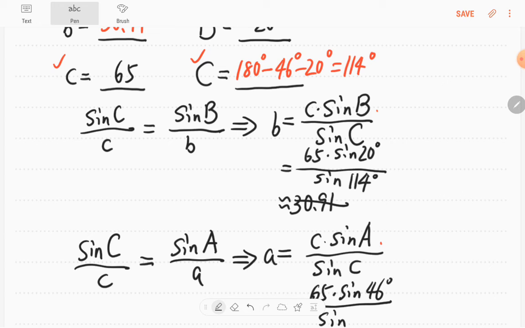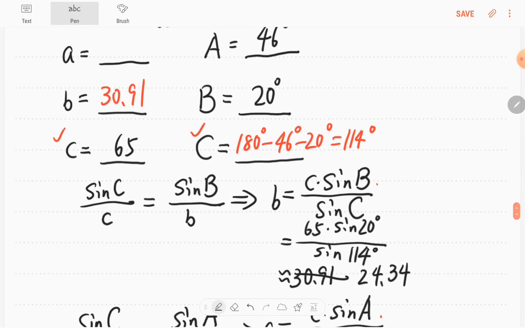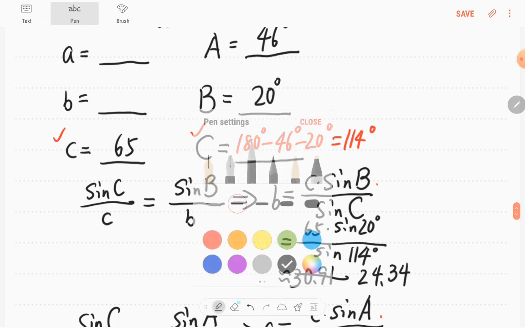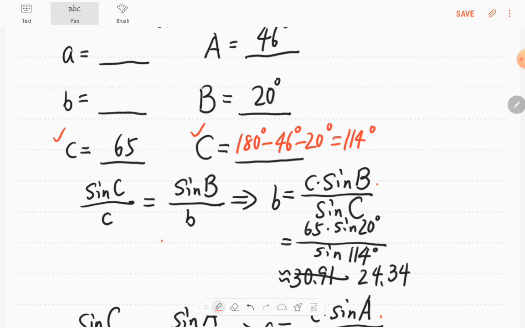This one should be 114. So it should be equal to 24.34.